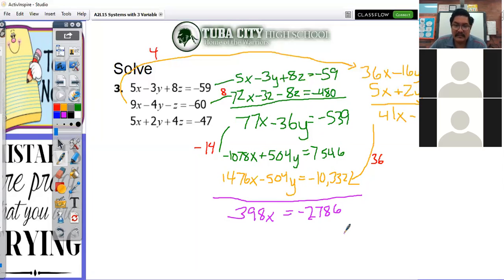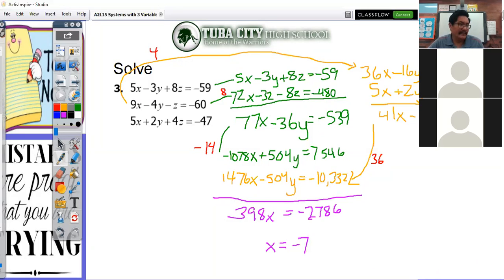Now I know my first number is going to be negative, so I'm going to have to divide that by 398. And it looks like we get negative 7.